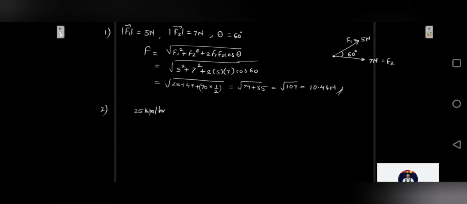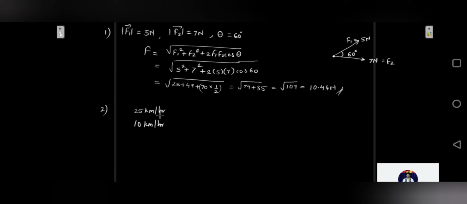And the water current in that region is 10 kilometers per hour.